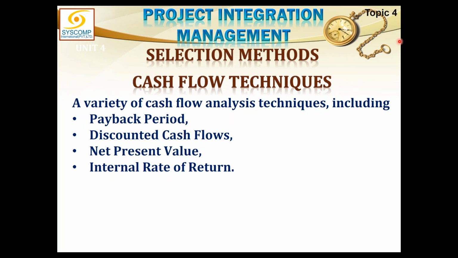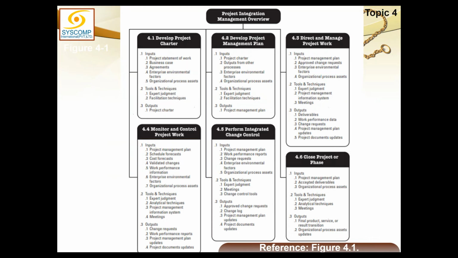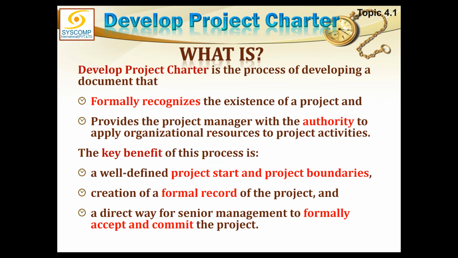There are only 4 listed here, but the very first one is net profit, which is not written here. The very first one is net profit, then is the payback period, then is the net present value or the discounted cash flows, and then is the internal rate of return, which I'll briefly be discussing later.